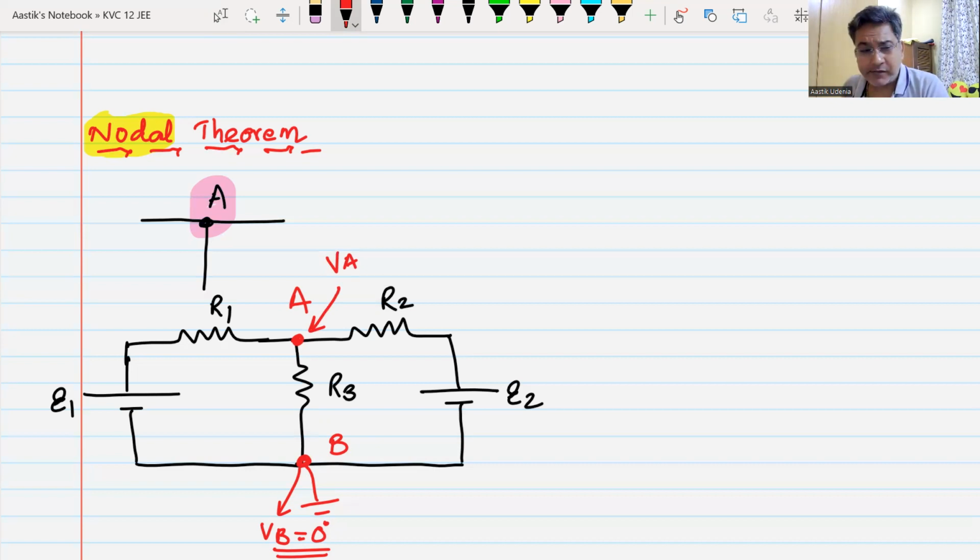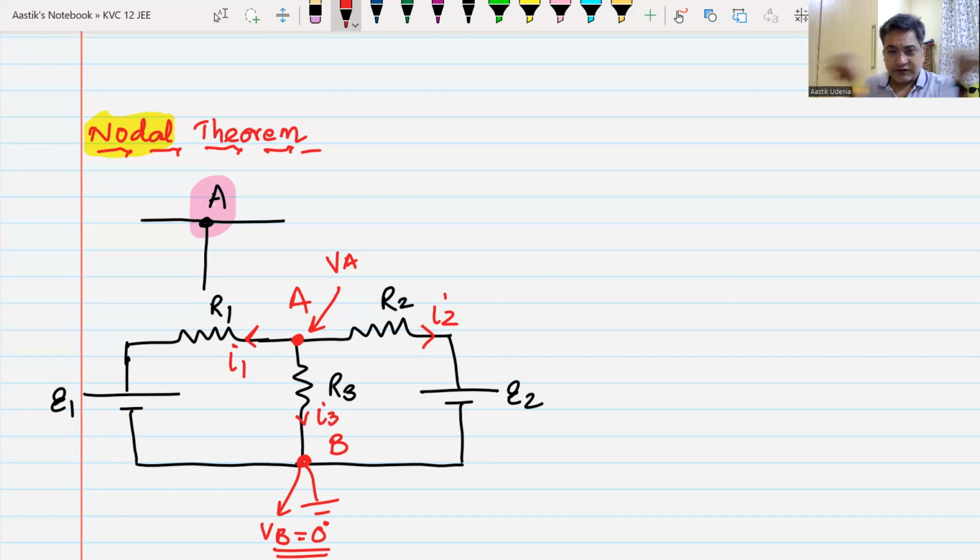Yes, sir. Now I have three different branches. I will assume current I1, and that is why I call the resistance R1, current I1 going in this branch, current I2 going in this branch, and current I3 going in this branch.